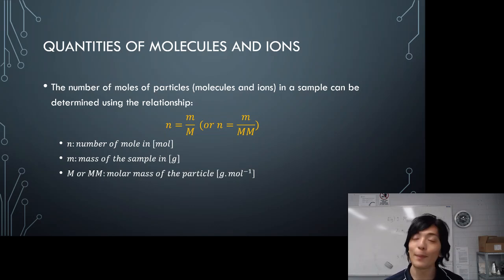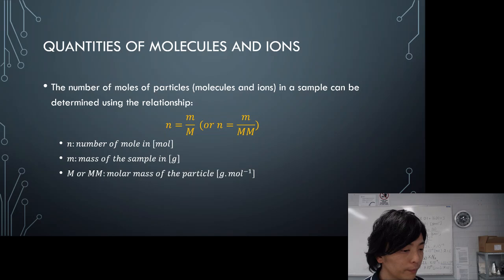M, or MM, molar mass of the particles, would be in grams per mole. You can write it as g/mol, or g mol^-1.